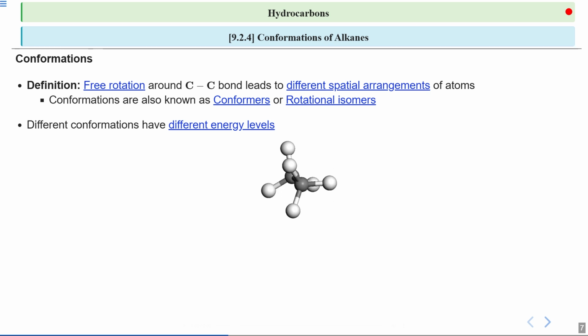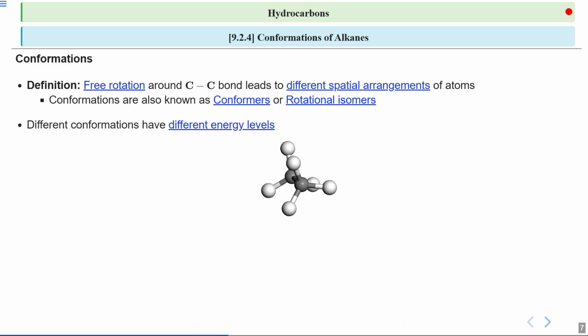And what is changing? So here we have an image illustrating the concept of conformation again, but from a different view. This helps you understand that the relative positions of the hydrogens are changing with respect to each other. You can see that in some parts of the rotation the hydrogens are in front of each other, and in other parts they are opposite to each other.